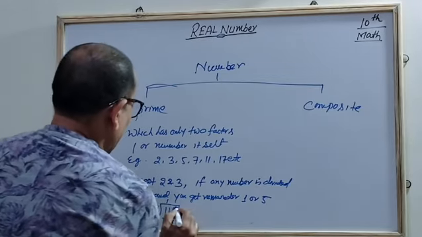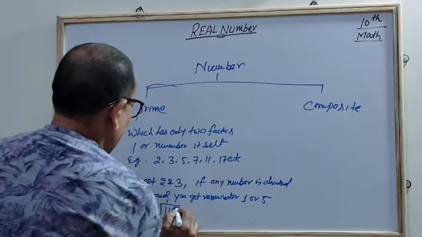Rule number 3: the sum of the digits of the number, if it is a multiple of 3, then it is also a composite number, correct? These are the rules by which we can find out whether it is a composite or a prime number, correct?